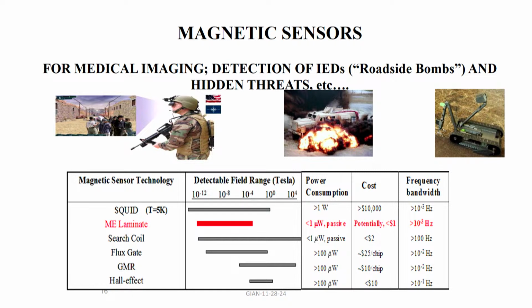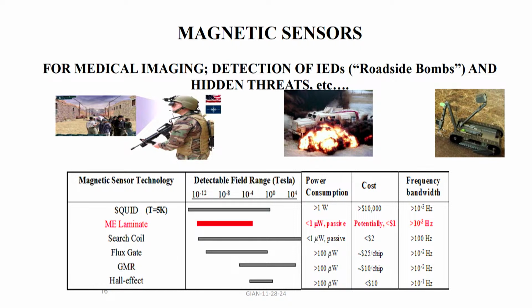You can make an element for less than $1, and also it has a large bandwidth. So, there are other techniques for measuring the magnetic field: search coil, flux gate, giant magnetoresistive sensors, and the Hall effect sensors. So, what is so unique about these sensors?